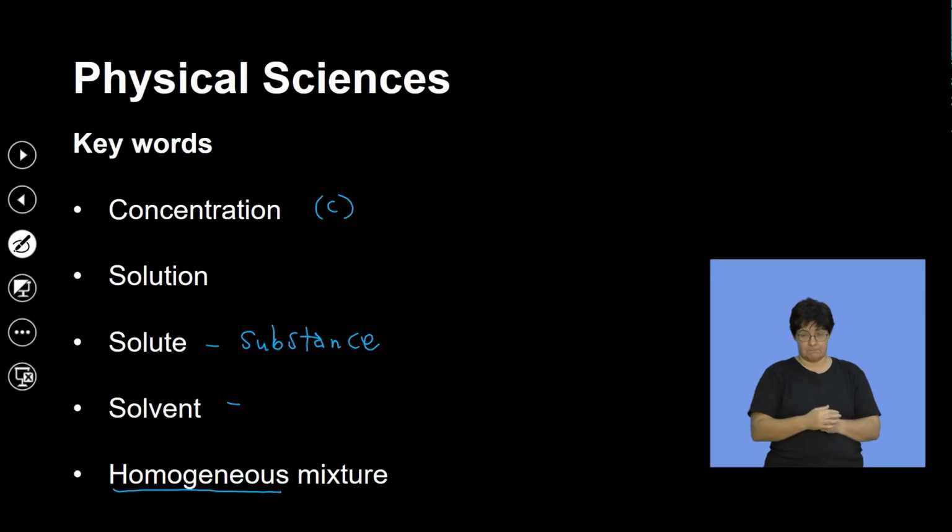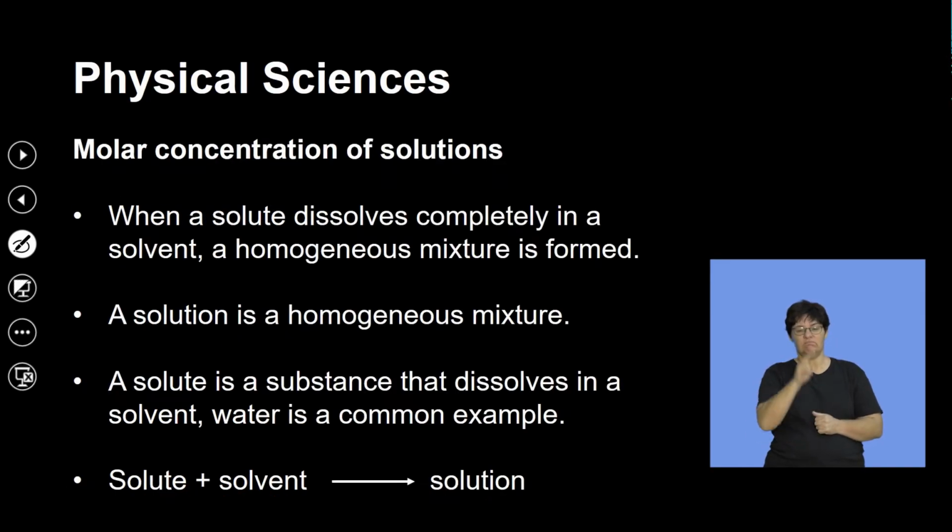Right. Now let's look at the big idea of the molar concentration of a solution. When a solute, which is a substance, dissolves completely in a solvent, a homogeneous mixture is formed. So a homogeneous mixture is formed as a result of a solute dissolving in a solvent.